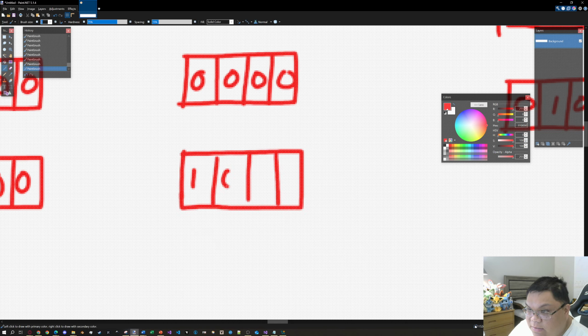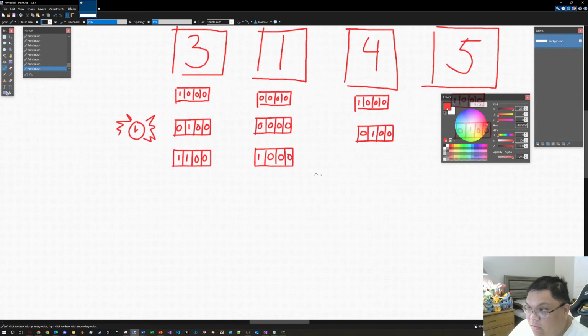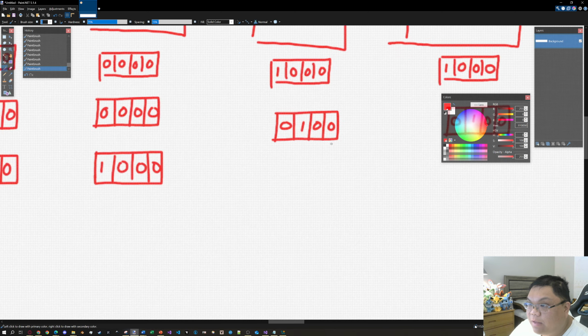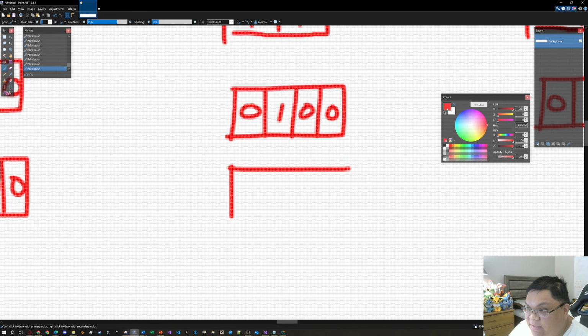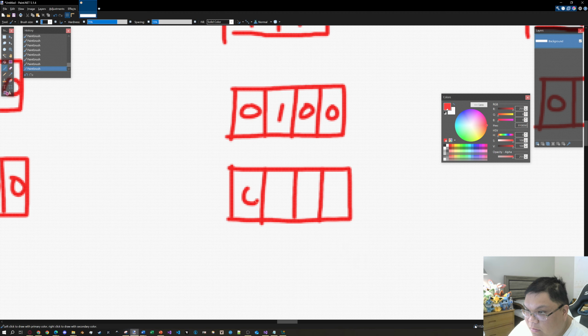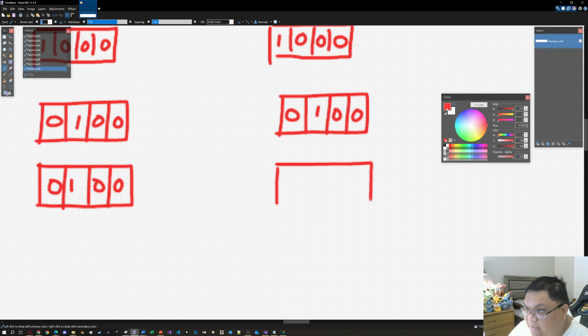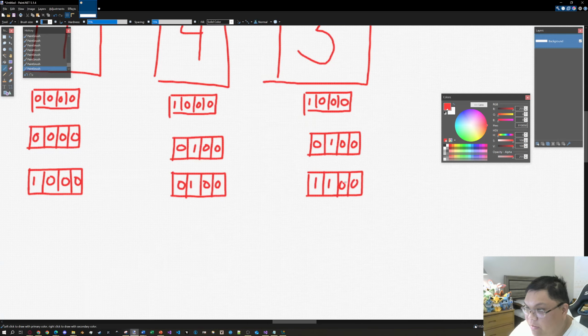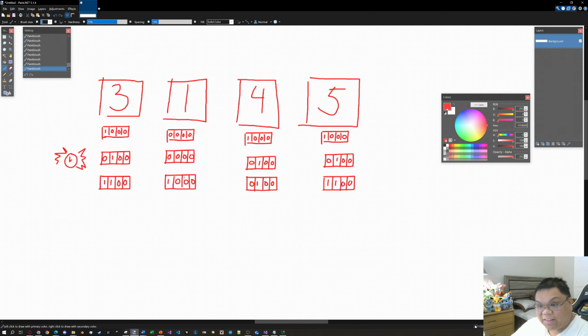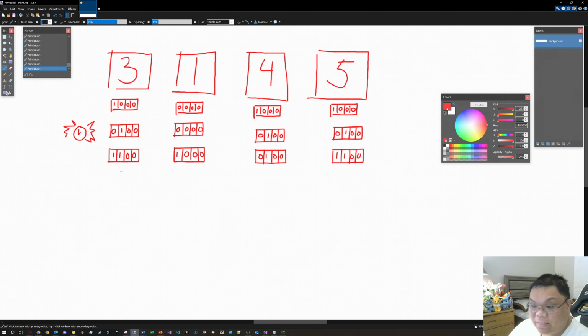And now it's 1, 0, 0, 0. We don't read page 4 anymore. So it stays at 0, 1, 0, 0. But we do read page 5 again. So that is 1, 1, 0, 0. And then the timer goes off again.